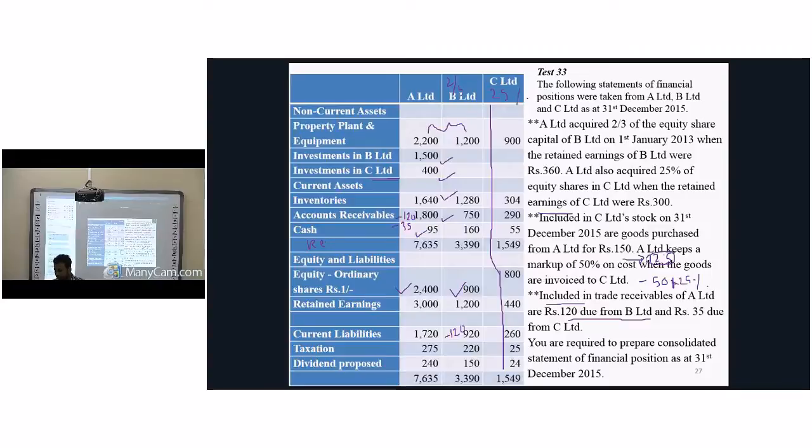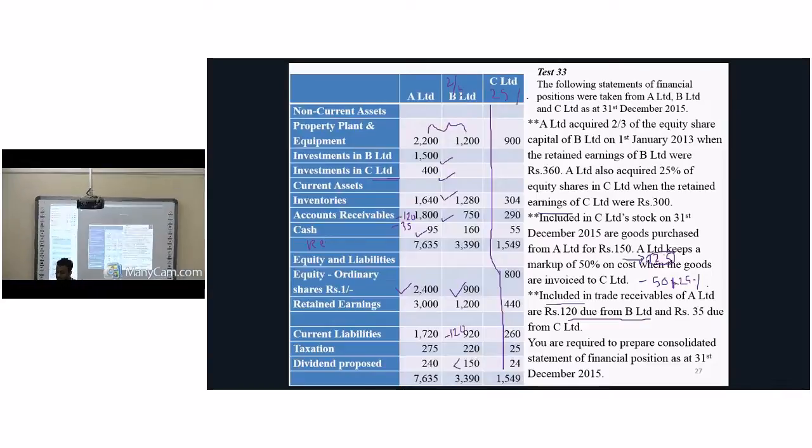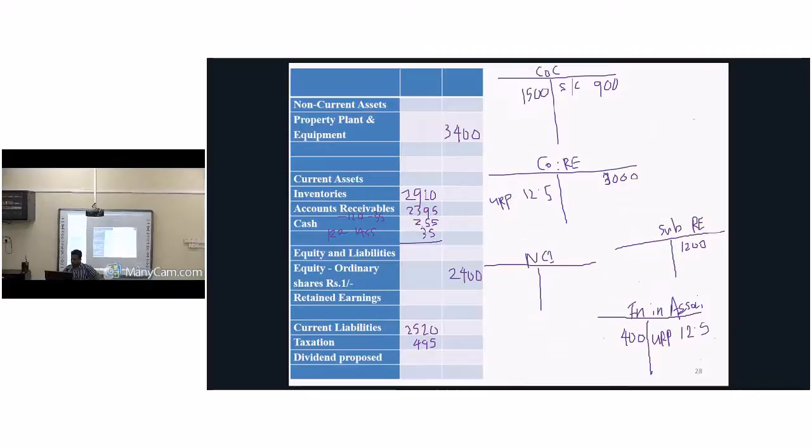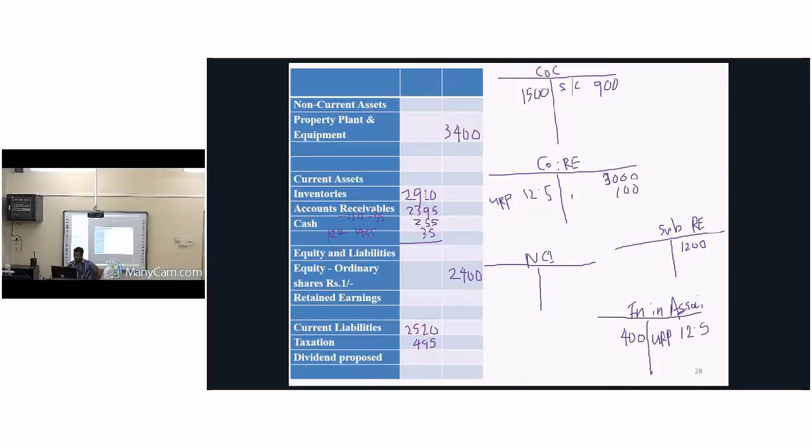Now 100 should not be recognized as dividend. Then this dividend payable account debit 100 and credit it to consolidated retained earnings as 100. This is dividend from subsidiary, 100. Then finally from this we have to subtract 100.